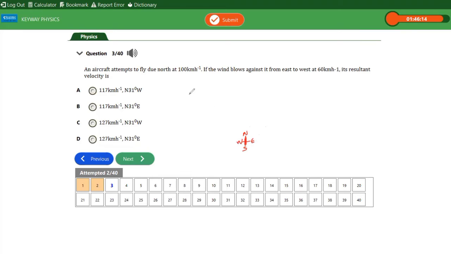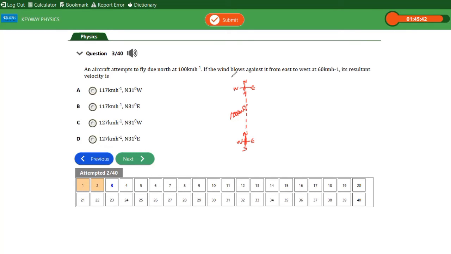So the question says it attempts to fly due north. Due north. So let's assume here is the 100 km per hour. So you also put your 4 cardinal points here. Here becomes your north, south, east, and west.